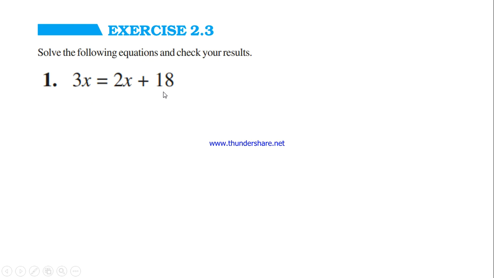So if you have an equation like this, the very first step is to keep the variable terms on one side and the constant terms on the other side. The variable terms here are the x terms. So let's keep the x terms on the left hand side and the constant terms on the right hand side.